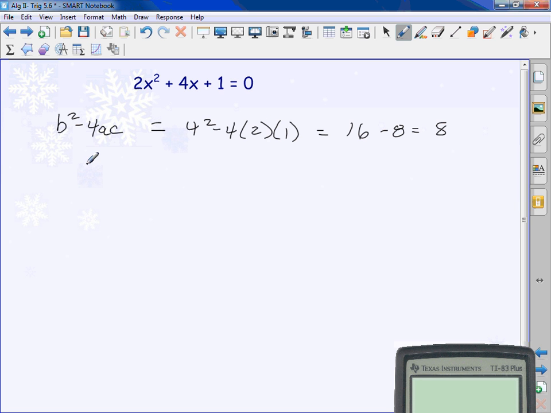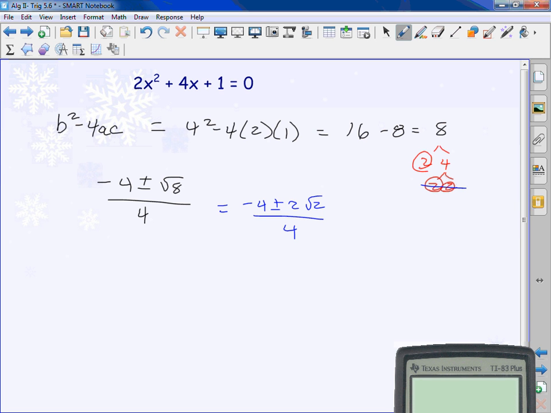So I know I could use the quadratic formula and finish it off and actually find out what they are. So I have negative 4 plus or minus the square root of 8 all over 2 times 2, which is 4. To simplify, take this 8. 8 means 2 and 4, 2 and 2. Do I have any pairs? I have one pair of 2, so it's actually negative 4 plus or minus 2 square root of 2 over 4.